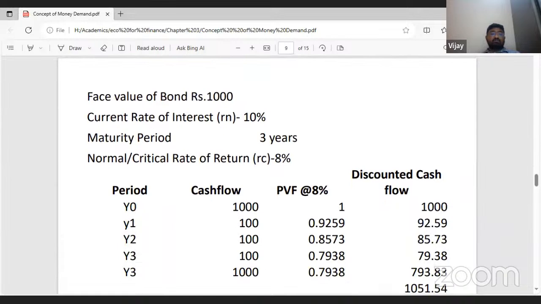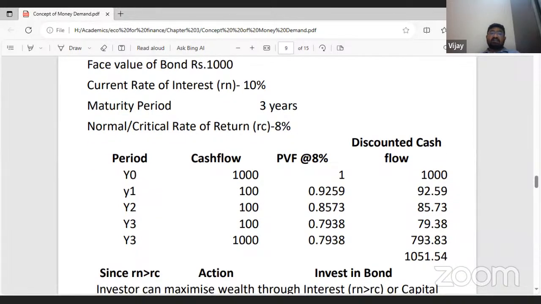Current rate of interest is 10%. The maturity period is 3 years. The normal or critical rate of return is 8%. Sir, what is this current rate of interest? It is the interest paid by the bond which you purchased.